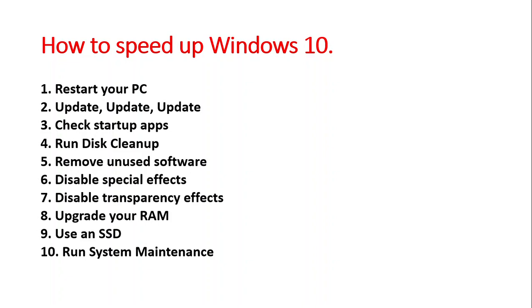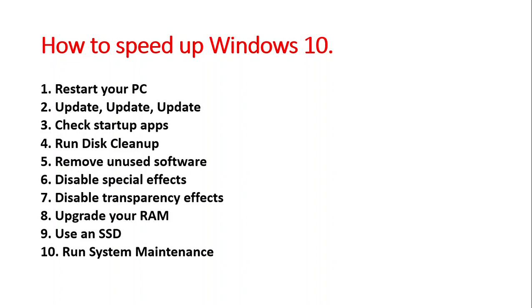And the next one is remove unused software. Many of us install some software for some specific purpose. So I have some work to do, and I may install some application related to that work, and after completion of that work I may not use that software again.